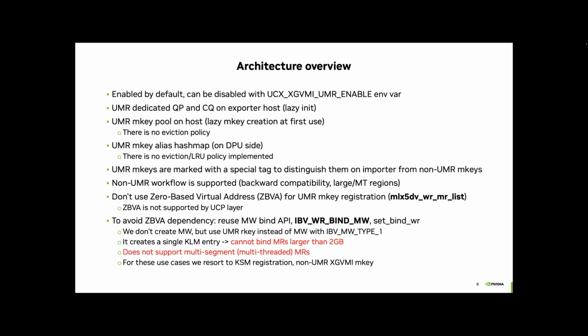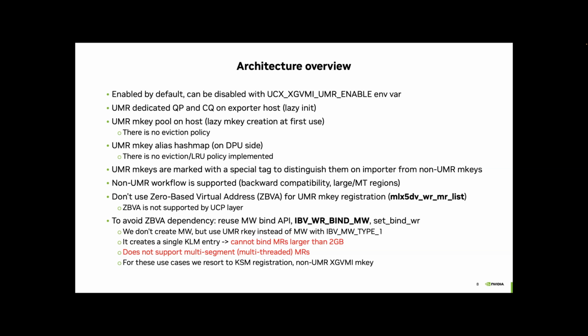So here I list the most important design decisions and trade-offs. Let me quickly go through all of them. First, this feature is enabled by default, but it can also be disabled with an environment variable.